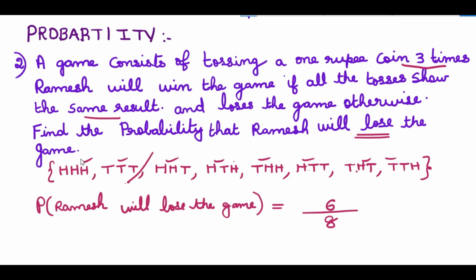Apart from the first 2, you have to take the remaining 6, because he wins the game only if all the tosses show the same result. So the answer for the question is 6 by 8. You can simplify this, so it will be 3 by 4.